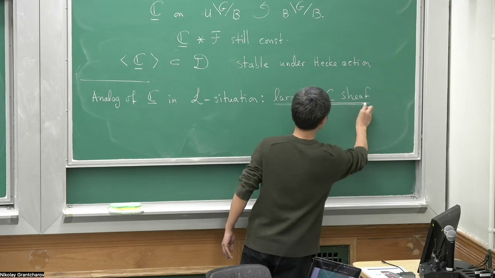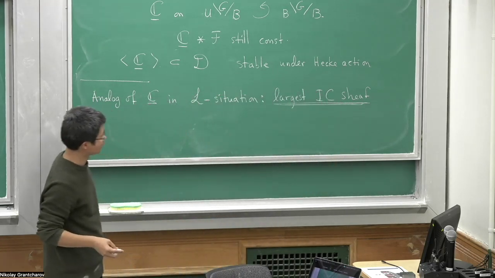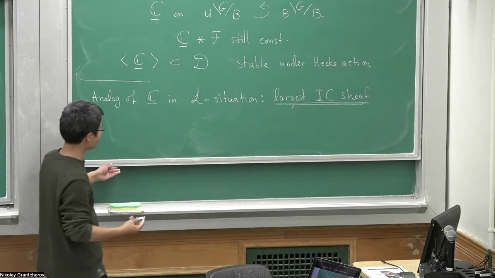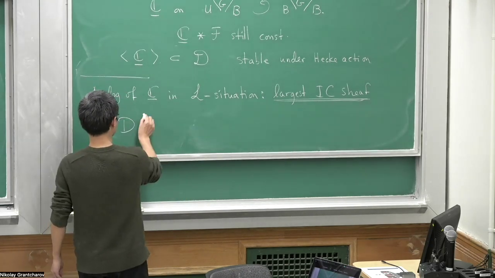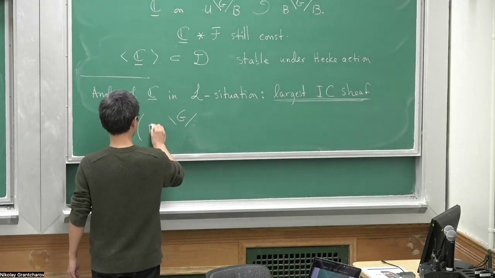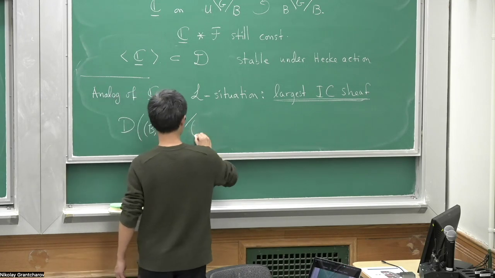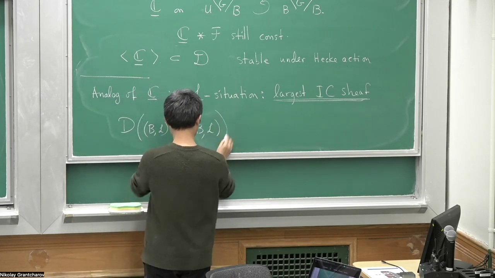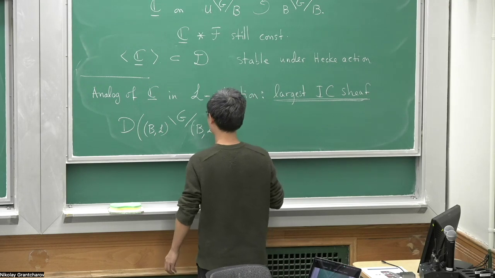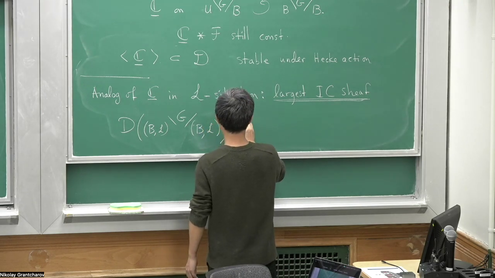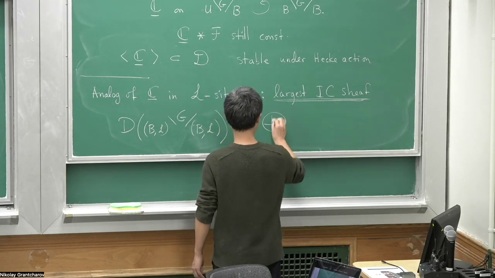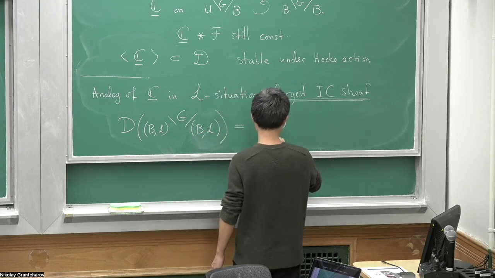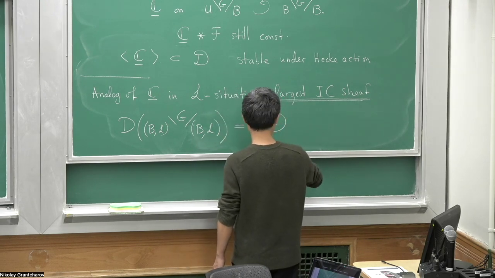There's a little subtlety here, which is that there may not exist a unique largest IC sheaf. This category, first of all, can be decomposed in general. It has a direct sum decomposition indexed by blocks beta.